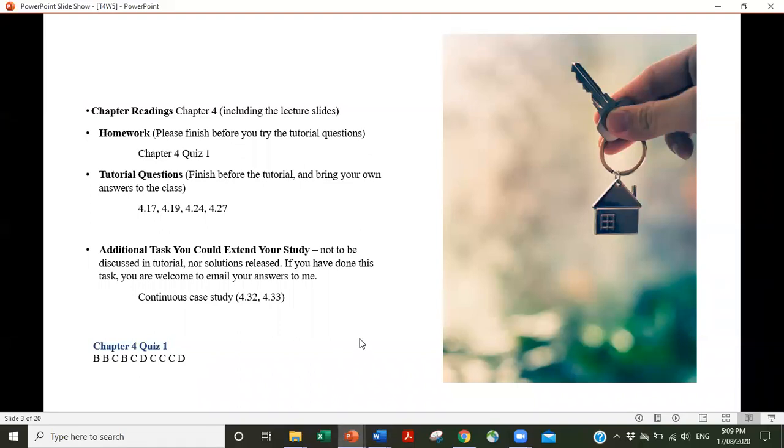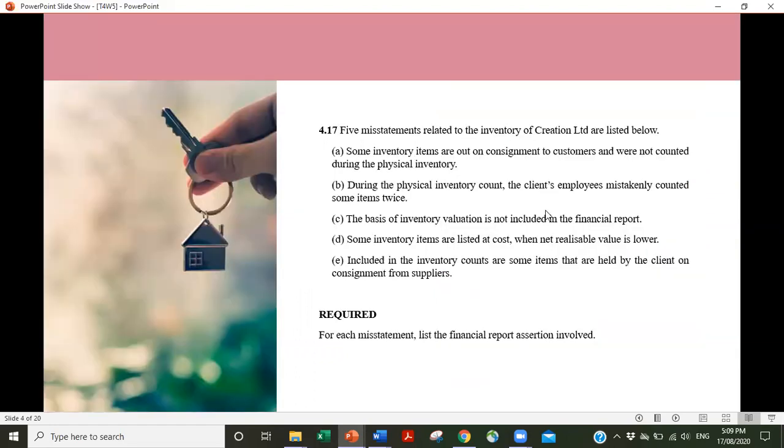But if you've got a similar or the same answer, great. If you understand why the answer is different, that's also good. Okay, so any questions on the quiz at this stage? No? Okay.